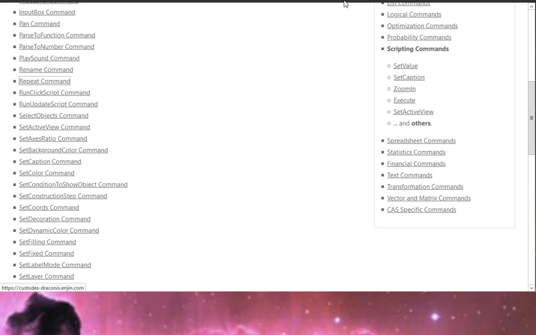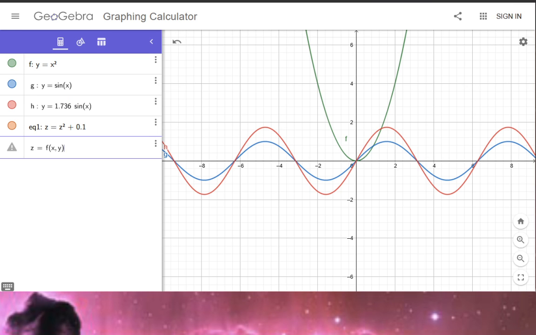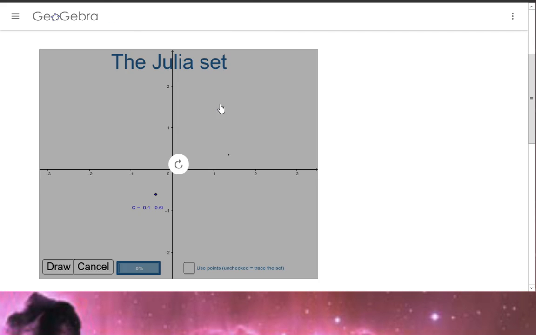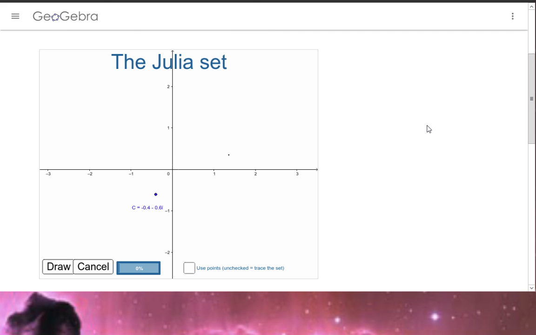Anyway, I'm going to have to just shorten this because it's not doing what I want it to do. Okay, so this Julia set thing I got here.